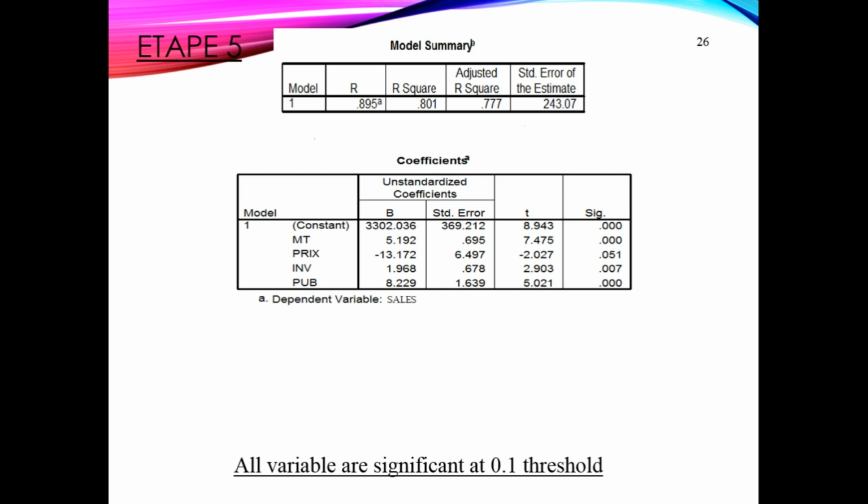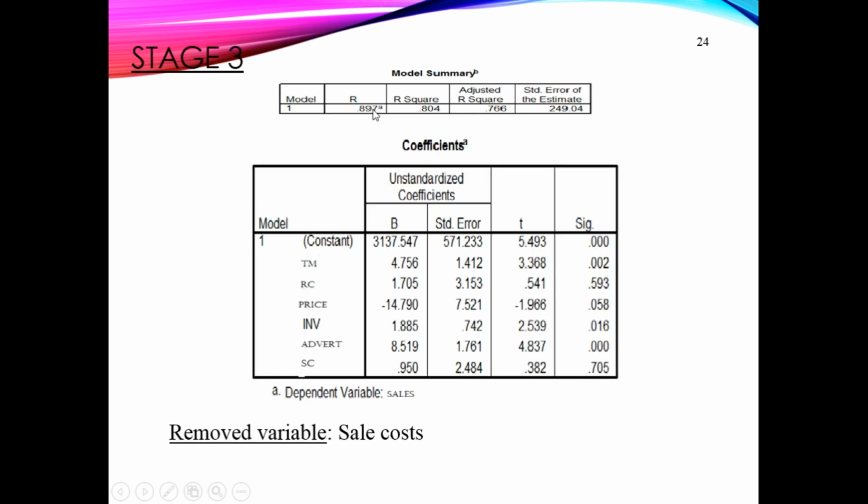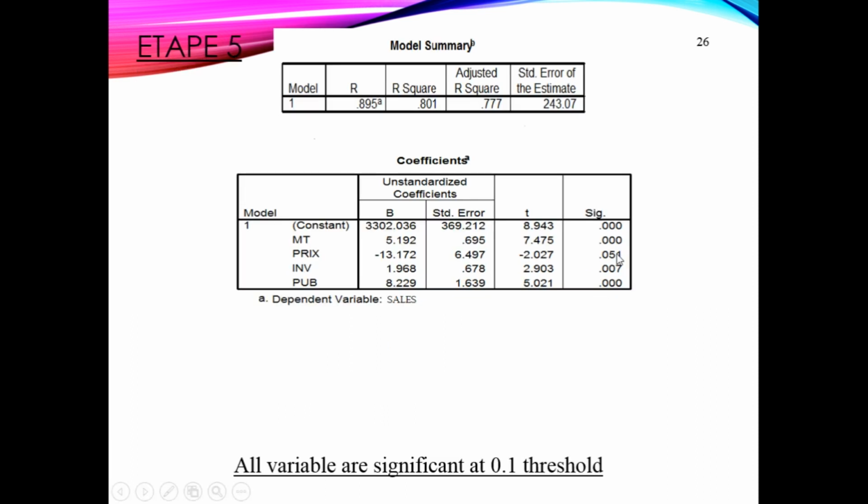At the last stage, the R square may have decreased, but the adjusted R has increased compared to the previous stages. So we have a fifth stage of our model where all our variables are significant at the 10% threshold.